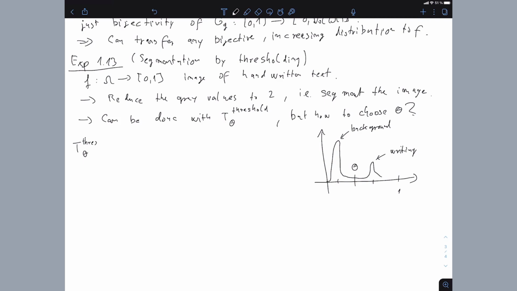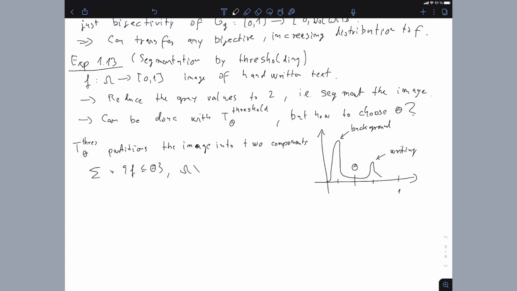So this thresholding partitions our image into two components. Let's call one sigma. This is where f is smaller or equal to theta, and you can think of it as approximating the background.